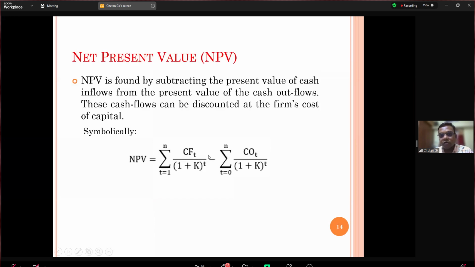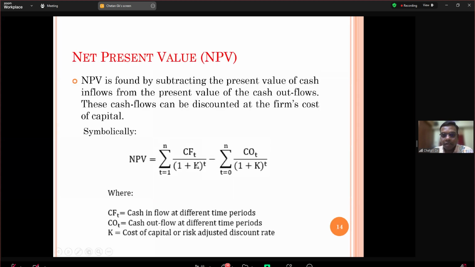So CFT, there is no doubt now. And K is your cost of capital, normally WACC. Minus COT means what here? Minus summation T equal to 0 to N. You can see the difference. Here summation T is equal to 1 to N we have written. Here we have written T is equal to 0 to N. So why is there a difference? Because equity also comes with capital. Initial investment happens in T0 only.